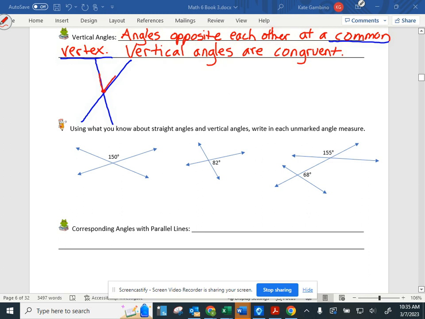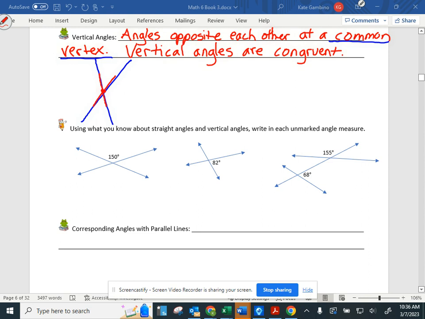This would be its vertex. So the angle opposite of it is here. They share that same vertex. Their corner points are connected, and they are opposite of each other. See how that works? They make that X. Okay, so they're making the X.